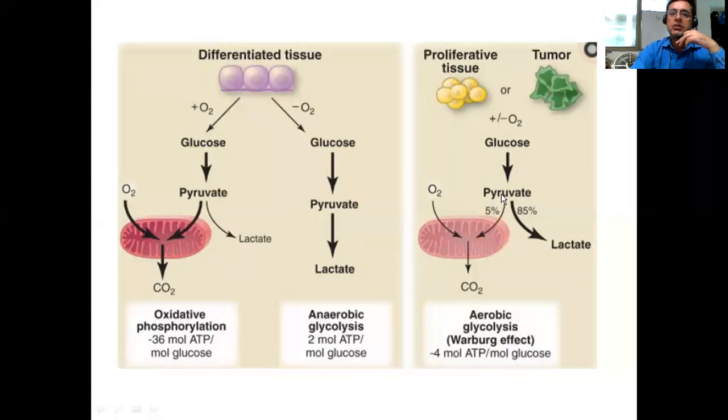The glucose, when converted into pyruvate, in 85% of the cases goes into lactate formation because of the lack of oxygen, while only 5% goes into the Krebs cycle, which gives you only 4 molecules of ATP, which is again not a very efficient process. This is called the Warburg metabolism or Warburg effect, which happens due to the insufficient oxygen in the tissues.